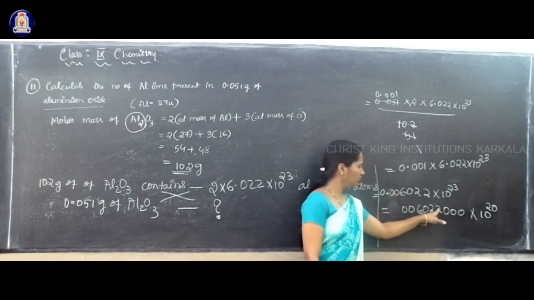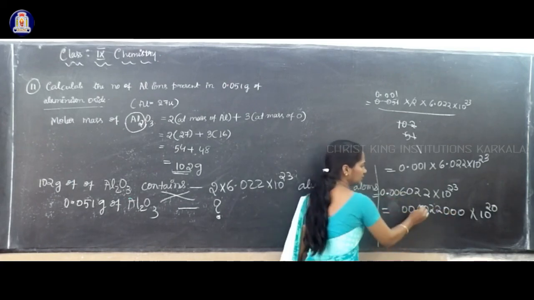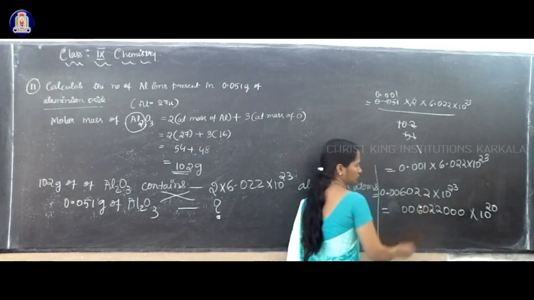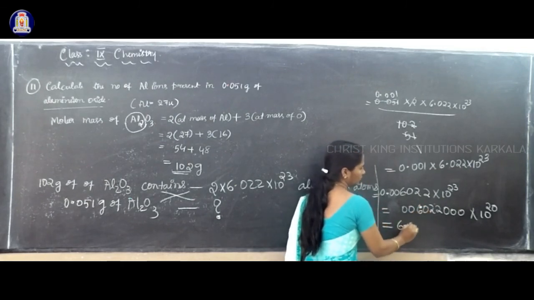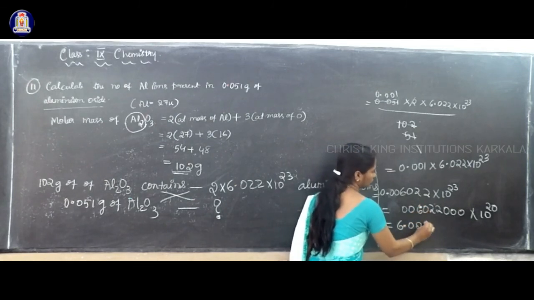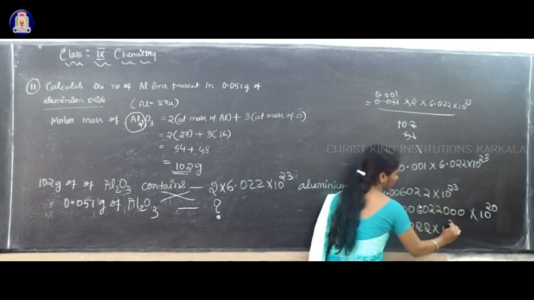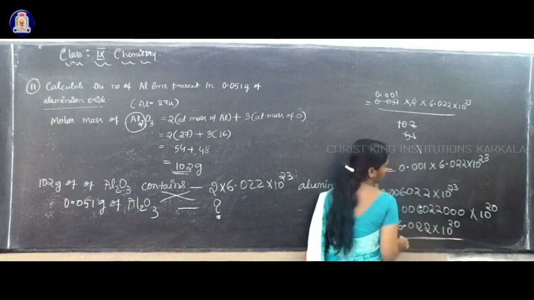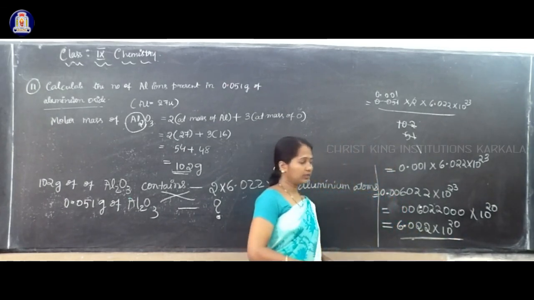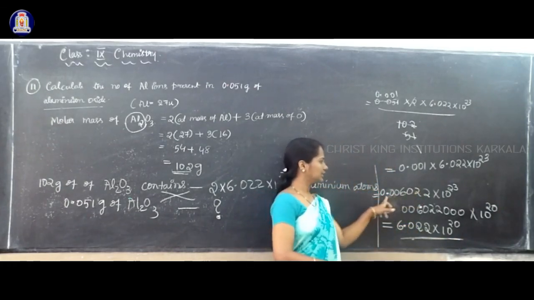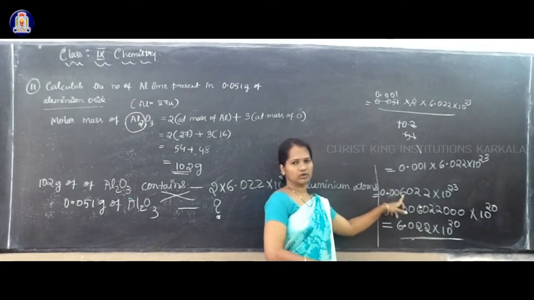You will get 6.022. These three zeros have no value, into 10 to the power 20. So don't be confused here.